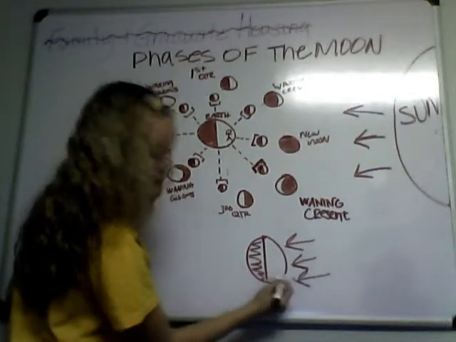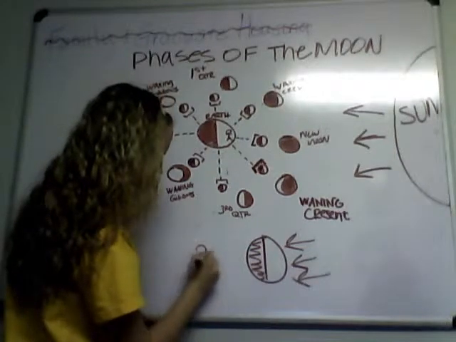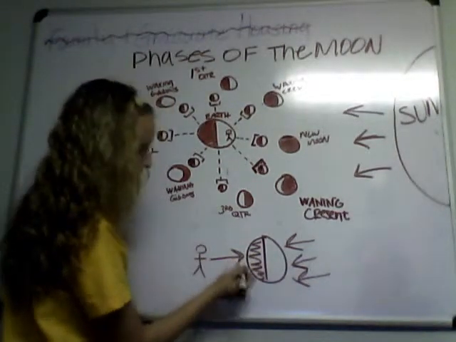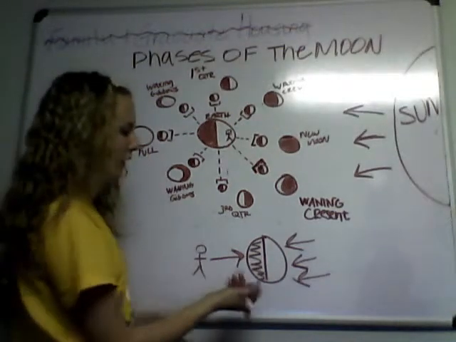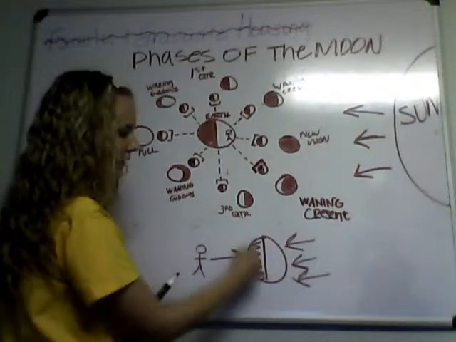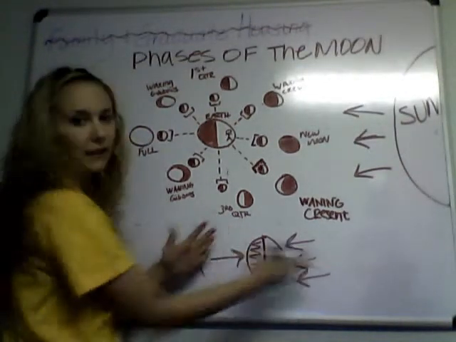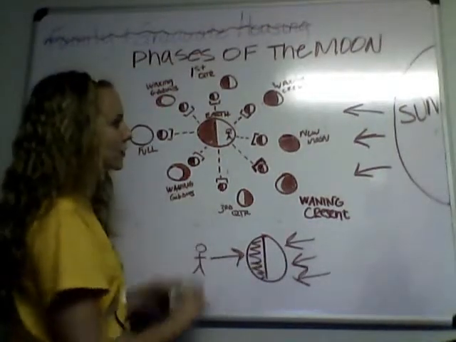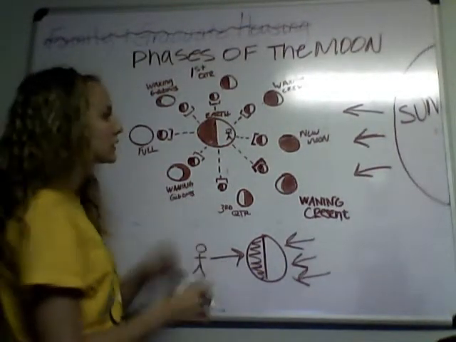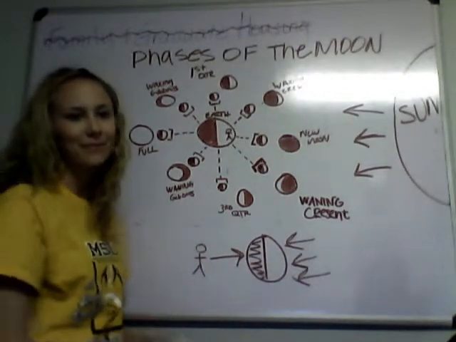So this half is lit and this half isn't lit, but the only thing you're seeing from Earth is the dark side. So really you're not seeing anything, because the light rays aren't going to shine on this side. That's why it's called a new moon, just because there's nothing there. So, yeah, that would be the solar eclipse.